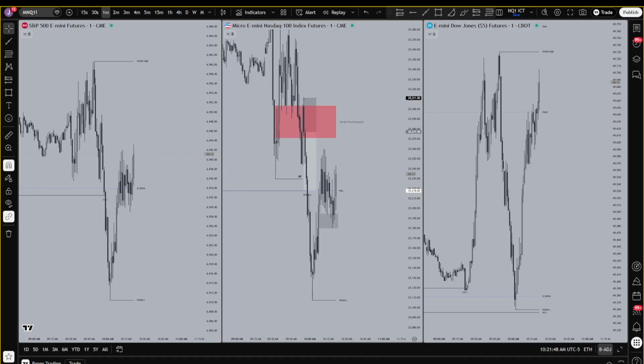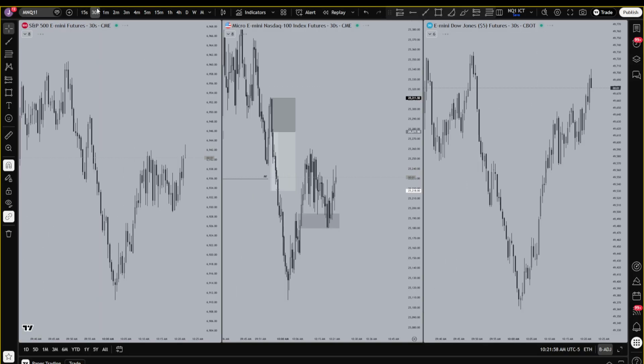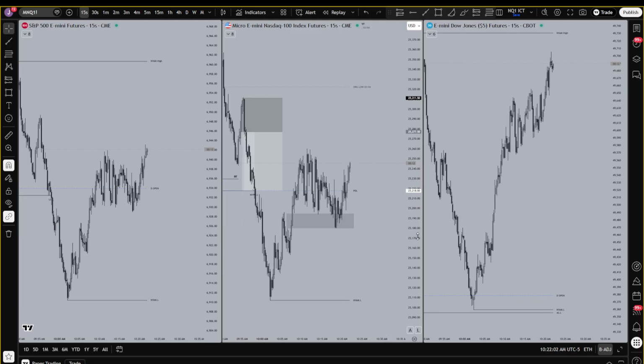Should stop. Yes, took out the internal highs. I think he looks strong too though here. Ran. The actual entry for that would have been the 1 minute flip down. We didn't actually get that.